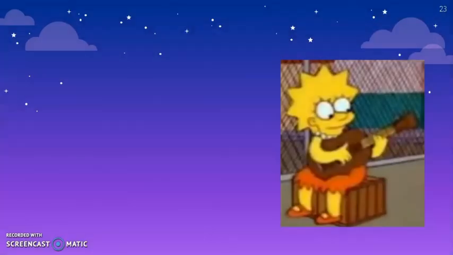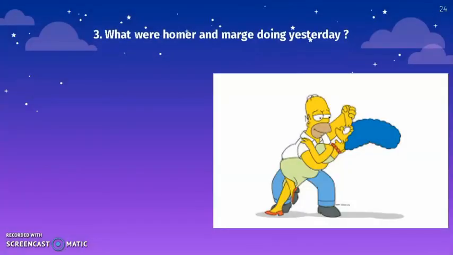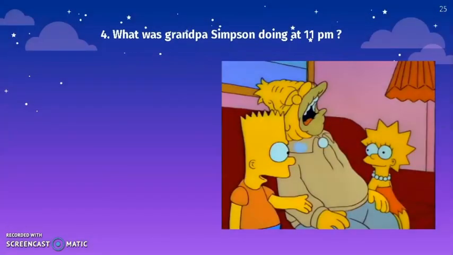The second, what was Lisa doing at school? Number 3, what were Homer and Marge doing yesterday? Finally, what was Grandpa Simpson doing at 11 p.m.?